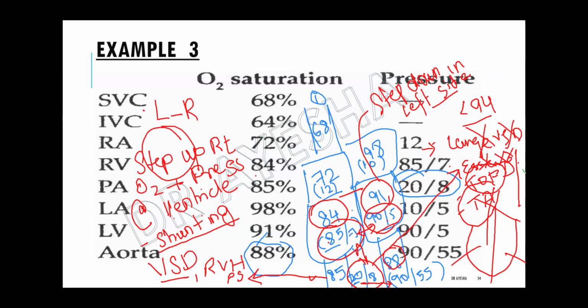And if there is a step down, that means the shunt is from right to left. Will you agree with me? So blood is also coming in this direction as well. So in your TOF, you have a bi-directional shunt. If you have left to right as well as right to left, you call it a bi-directional shunt. Is that okay now?